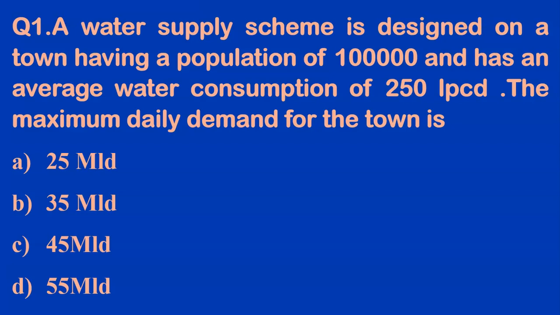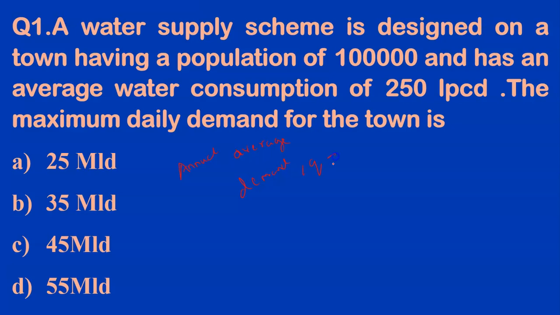Now let's look at the questions. Question 1. A water supply scheme is designed for a town having a population of 1 lakh and has an average water consumption of 250 liters per capita per day. The maximum daily demand of the town is. So let's first calculate the annual average demand Q. How do we calculate that?